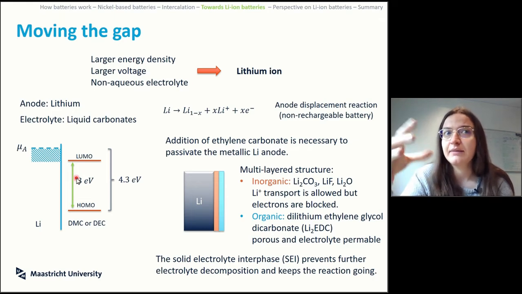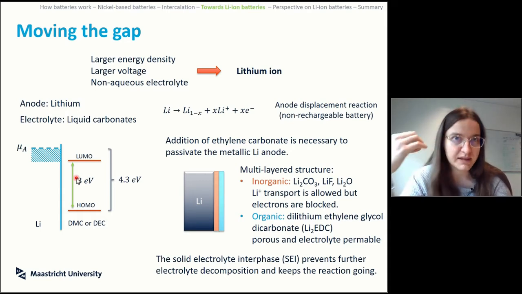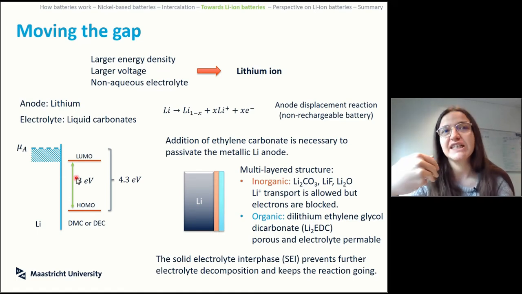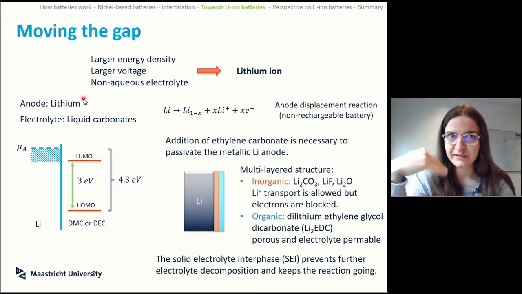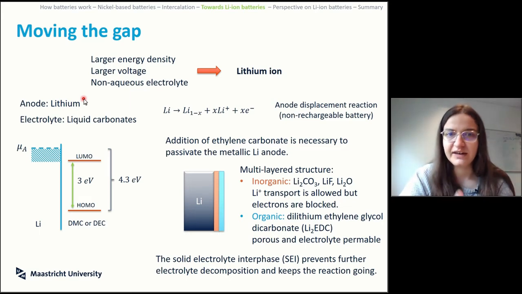You could end up having weird arrangements in which the electrochemistry also happens on the electrolyte, but if you have the possibility of passivating your metal, then the potential that your electrolyte feels is different, and it brings you back into that business of higher than the anode, lower than the cathode. In this case, the cathode is not really there.